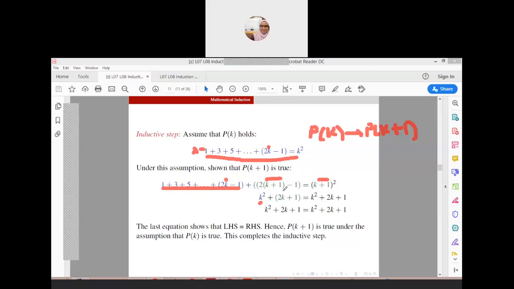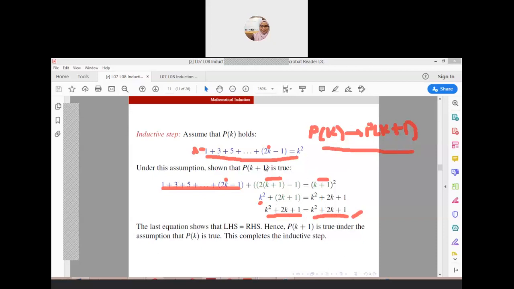Okay, now we have to prove left hand side is equal to the right hand side. Now after expanding this equation, we get k square plus 2k plus 1 is equal to k square plus 2k plus 1. So for the inductive step, it is also true because the left hand side is equal to the right hand side.